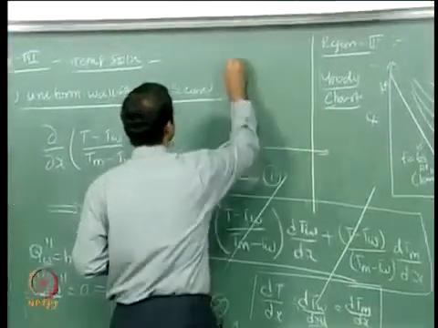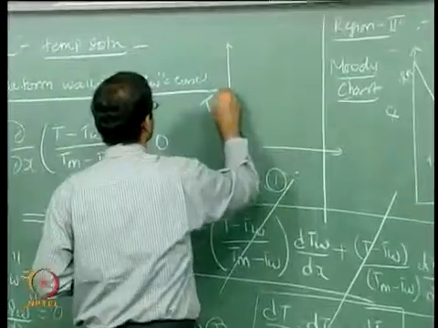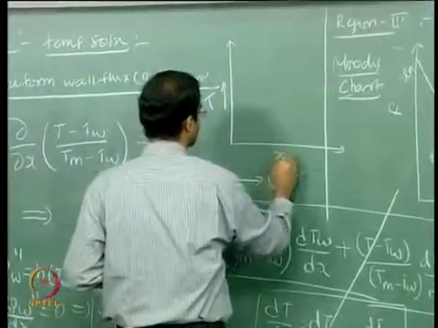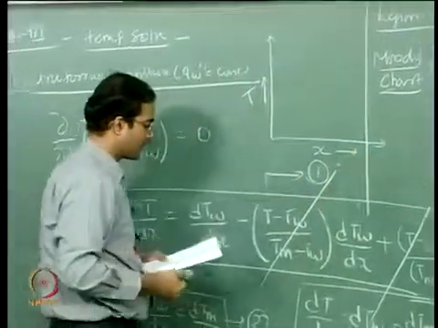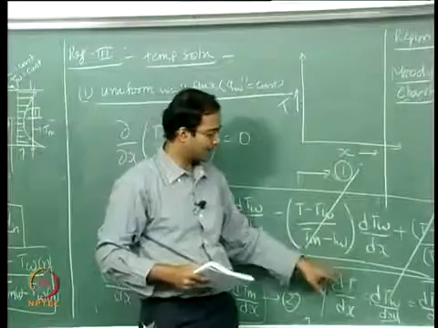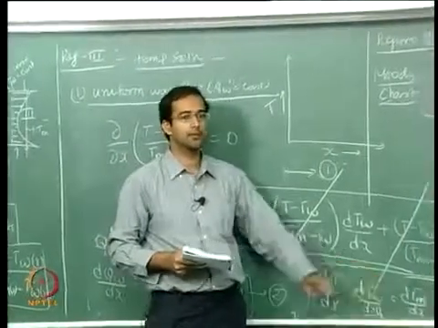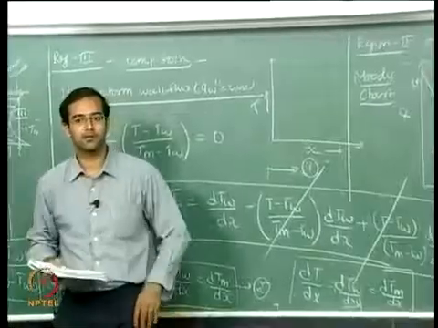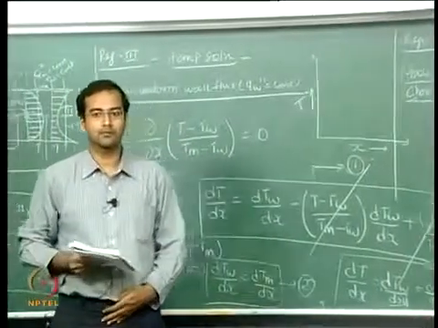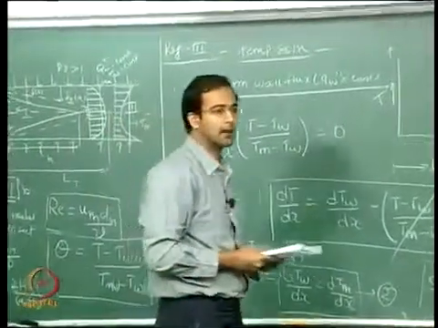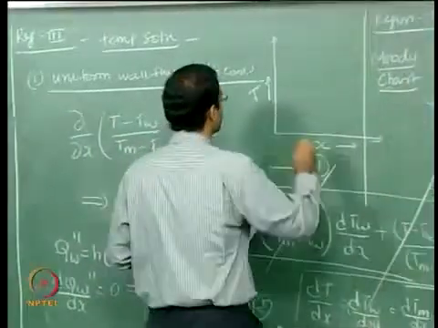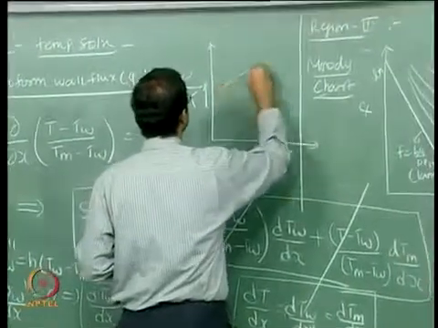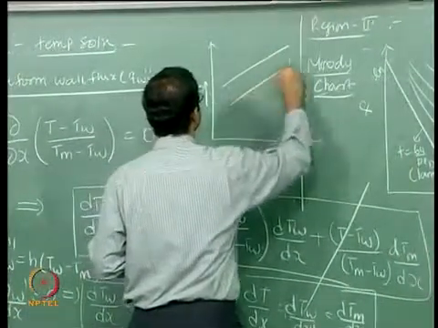If you plot temperature on the y axis and x on the x axis, and I want to show temperature at any radial location, wall temperature and mean temperature, and the slopes have to be the same, it has to be exactly parallel, all the three have to be parallel, and in fact we will see that this has to be just linear.